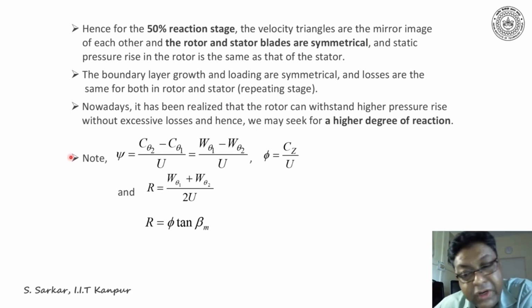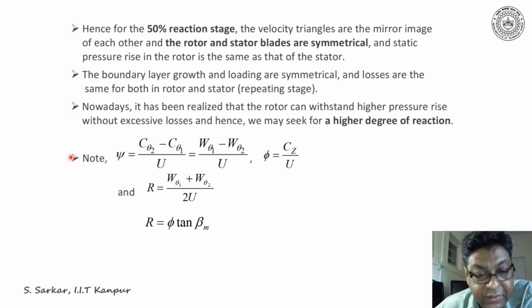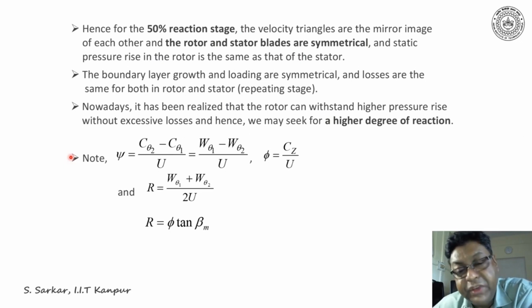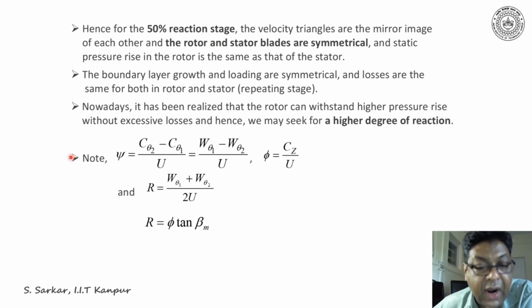Furthermore, one can remember that xi is nothing but c theta 2 minus c theta 1 divided by u, or it can be written as w theta 1 minus w theta 2 divided by u. For a compressor, phi is equal to cz by u, and R is equal to w theta 1 plus w theta 2 divided by twice u, or R can be written as phi into tan beta m.